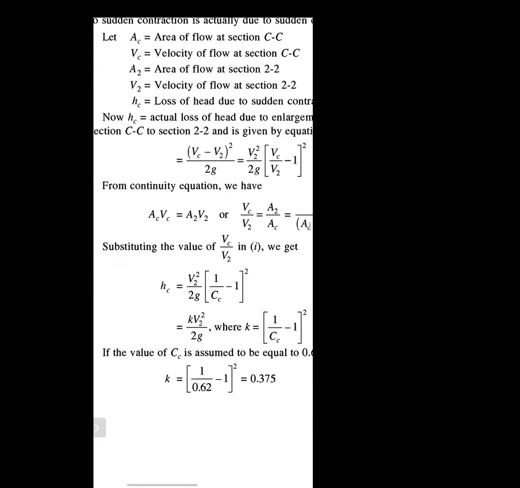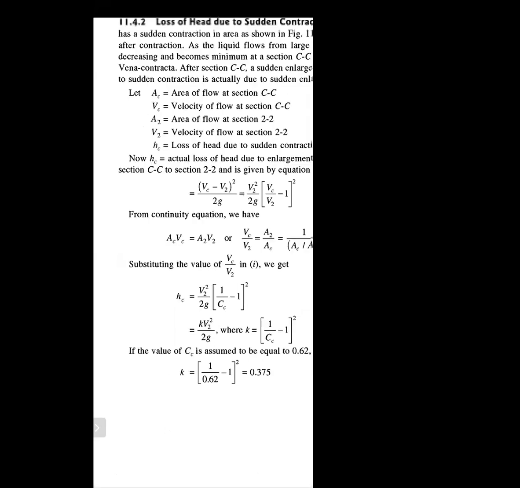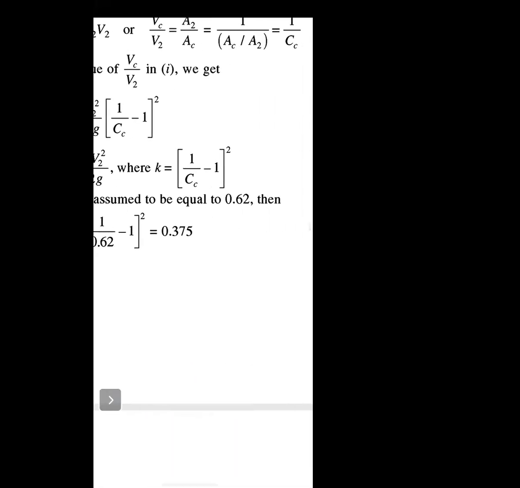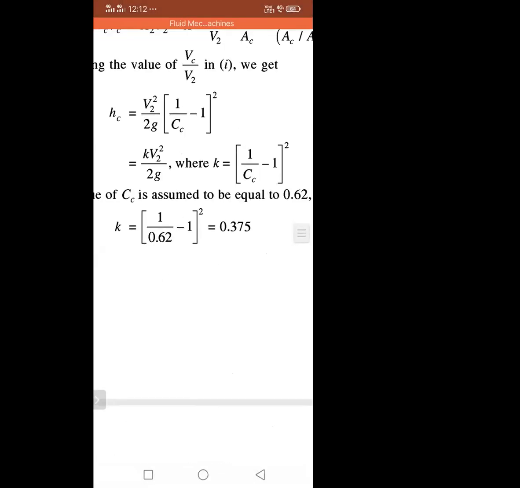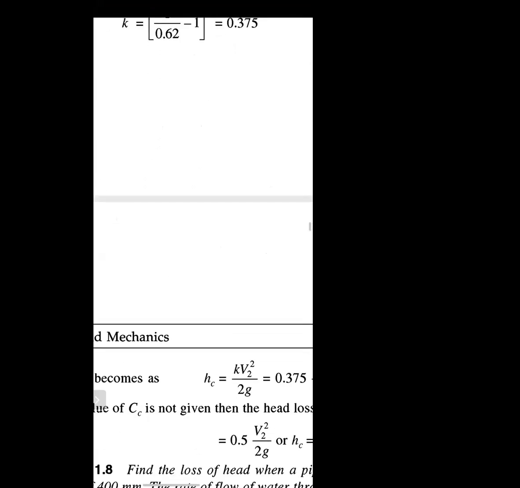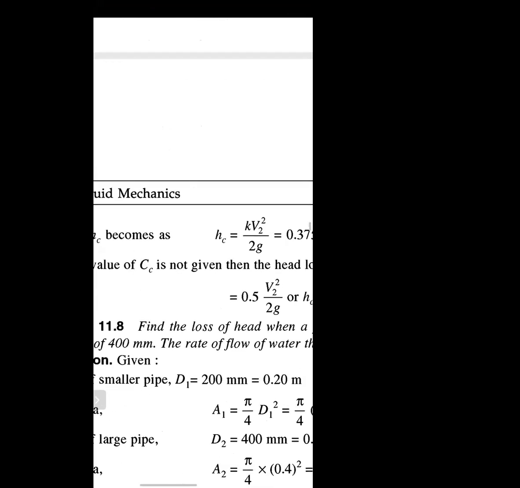If the value of coefficient of contraction is assumed as 0.62, then the value of k, which is (1 upon Cc minus 1) whole square, becomes 0.375.